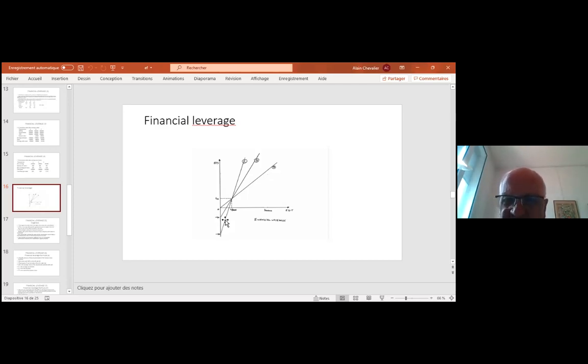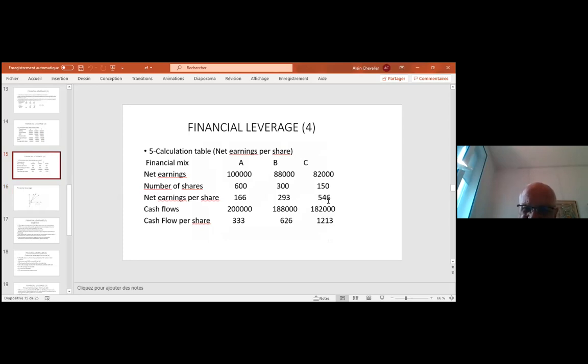When we have high EBIT values, we have very high earning per share, and we have made a calculation in one of the preceding tables, something like 546 compared to 293 or to 166.